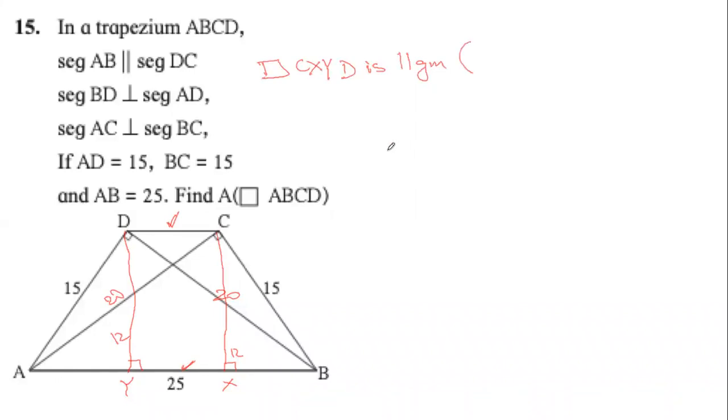But we'll have to say which test. The test is CX is parallel to DY because of supplementary angles or corresponding angles same. Whichever test you want to quote, you can quote. Also, CX is equal to DY.